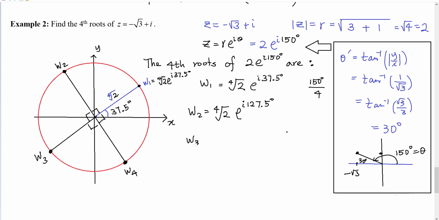Now w3 is the fourth root of 2 and then 90 degrees more than 127.5, so it's 217.5 degrees. And now w4 is the fourth root of 2 e to the i, adding 90 degrees to that, which is 307.5 degrees.